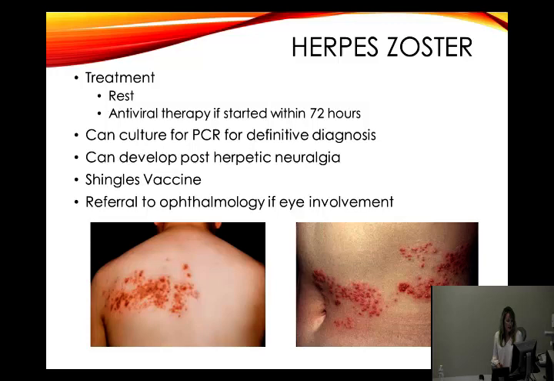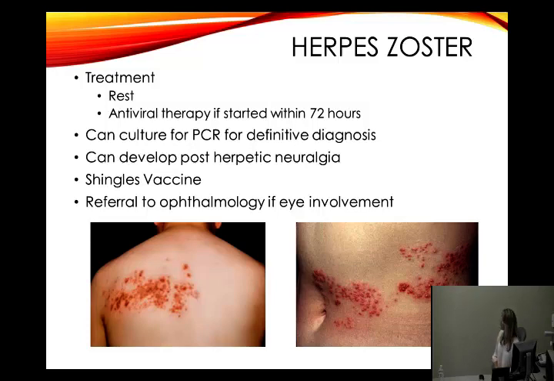The FDA has the shingles vaccine approved for age 50 and older, but the CDC does not have recommendations until somebody is 60 years old or older. So again, patients have to be very aware of their insurance plan and what they're going to cover. Some insurances now are starting to cover from the age of 50.